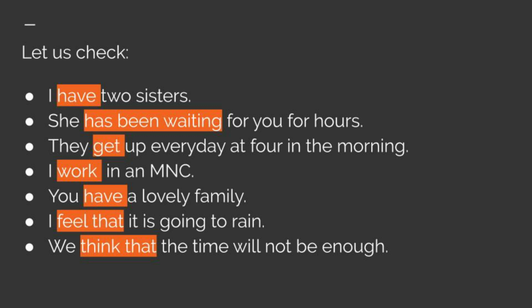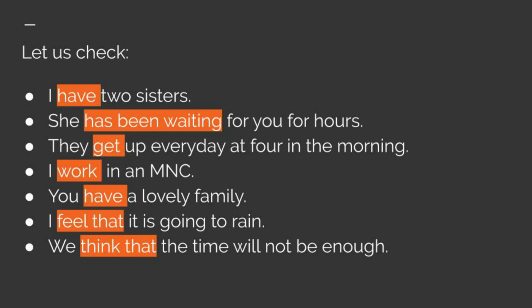Now, feeling here, what kind of a verb is that? It is, yes, a verb describing mental action, okay? So, I feel it is going to rain, right? Or I feel that it is going to rain. So, when that is followed after this verb, it doesn't take ing. I feel that it is going to rain, or I feel it is going to rain.